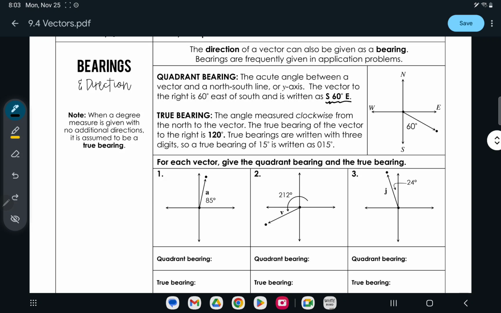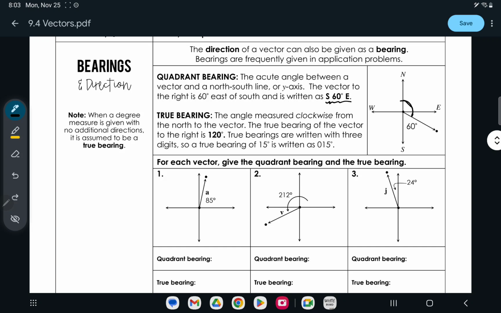A true bearing is the angle measured clockwise from the north vector. The true bearing of the vector to the right is 120. True bearings are written with 3 digits, so a true bearing of 15 is written as 015. So that 120 is going to be this part here.